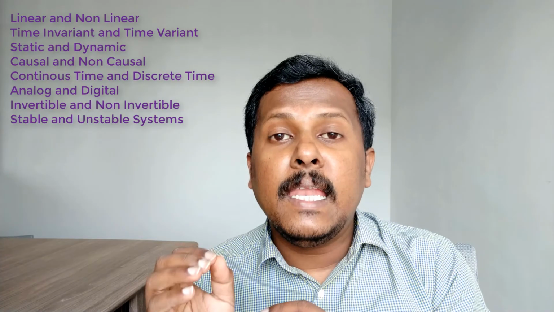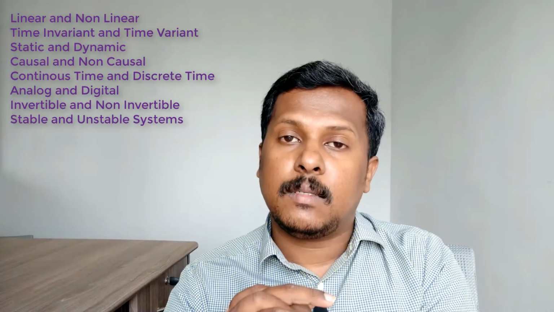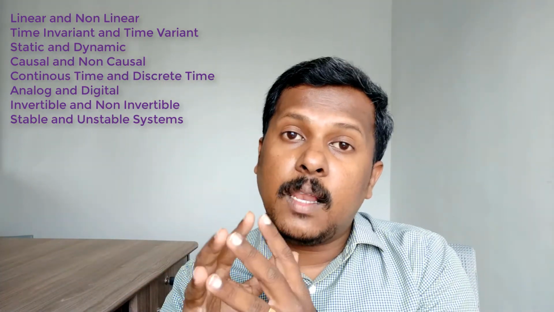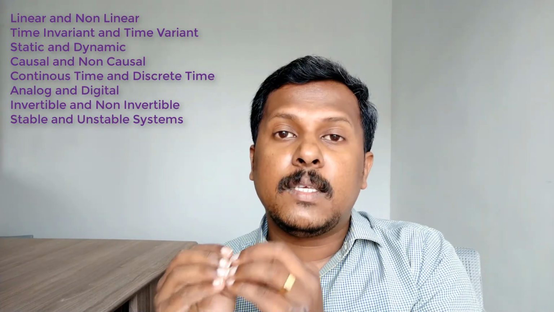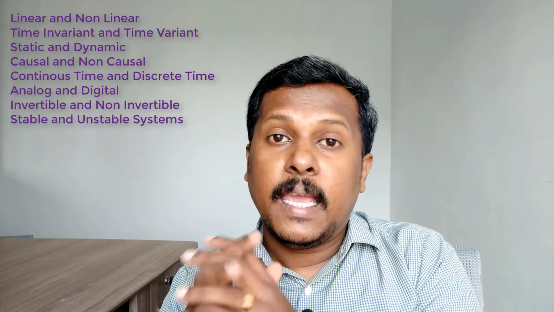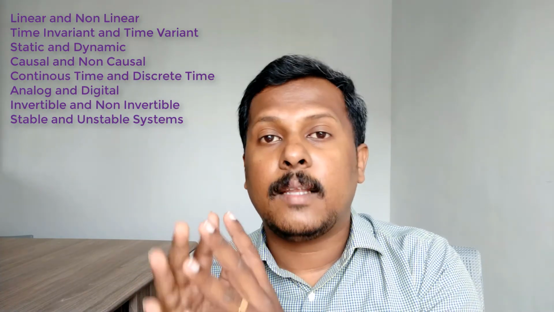Now let us analyze how we can classify the systems. The systems can be classified as linear and non-linear systems, time invariant or constant parameter systems and time varying or time varying parameter systems, instantaneous or static or memoryless systems and systems with memory or dynamic systems, causal and non-causal systems, continuous time systems and discrete time systems, analog systems and digital systems, invertible systems and non-invertible systems, stable systems and unstable systems.